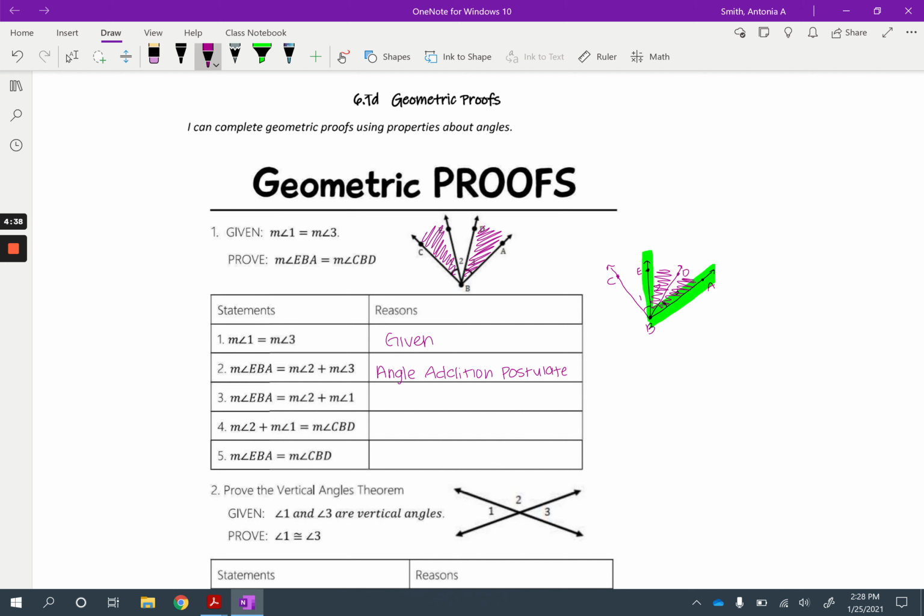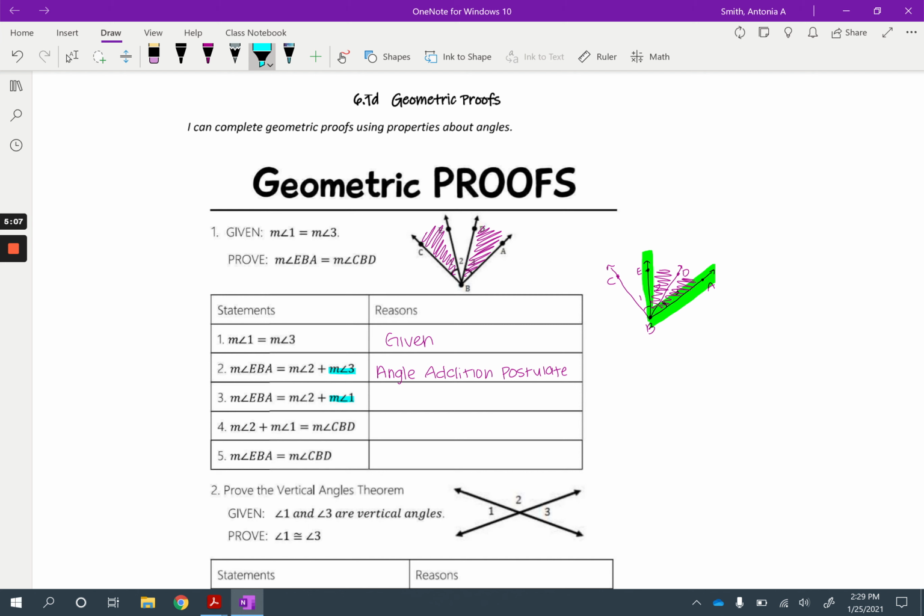Let's move on to statement number 3. Statement number 3 says that the measure of angle EBA is now equal to the measure of angle 2 plus the measure of angle 1. So what's the big difference between statement number 2 and statement number 3? Well, in statement number 2, we're adding the measure of angle 3, and in statement number 3, we're adding the measure of angle 1. So why am I able to switch those two things? I'm going to go back to the information they gave me to start with.